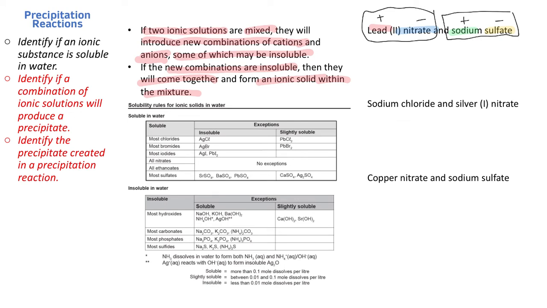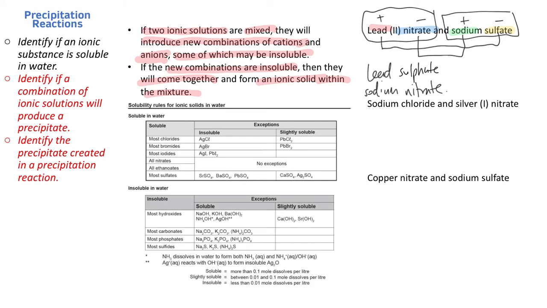But when you mix them together, you're going to have new combinations. You're going to have the positive from this one go with the negative from that one, and the positive from that one go with the negative from this one. So you're going to have lead sulfate and sodium nitrate. Okay, so using that, we can go check this again.